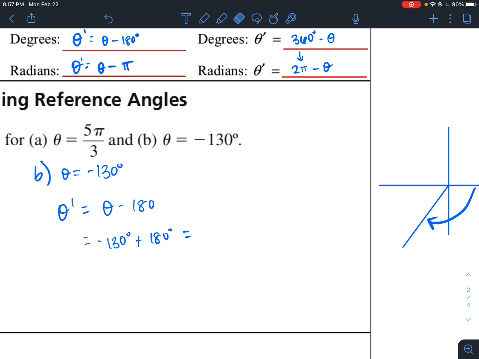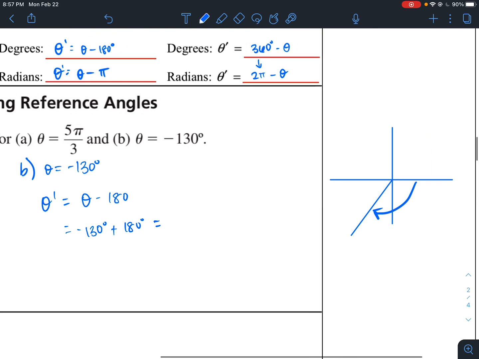Your reference angle has to be less than 90 degrees, so that's why I was a little bit confused there. Because we're working in the negative direction, I want to add 180 degrees. So I will take negative 130 and add 180, and I get 50 degrees. So this angle right here is going to be 50 degrees. That is my reference angle.